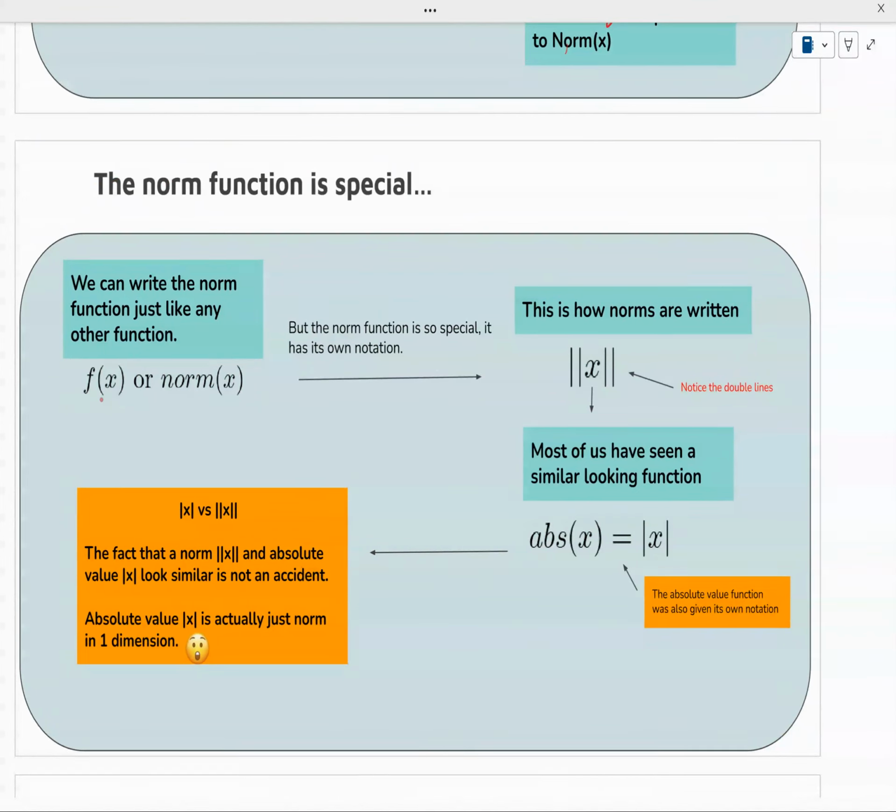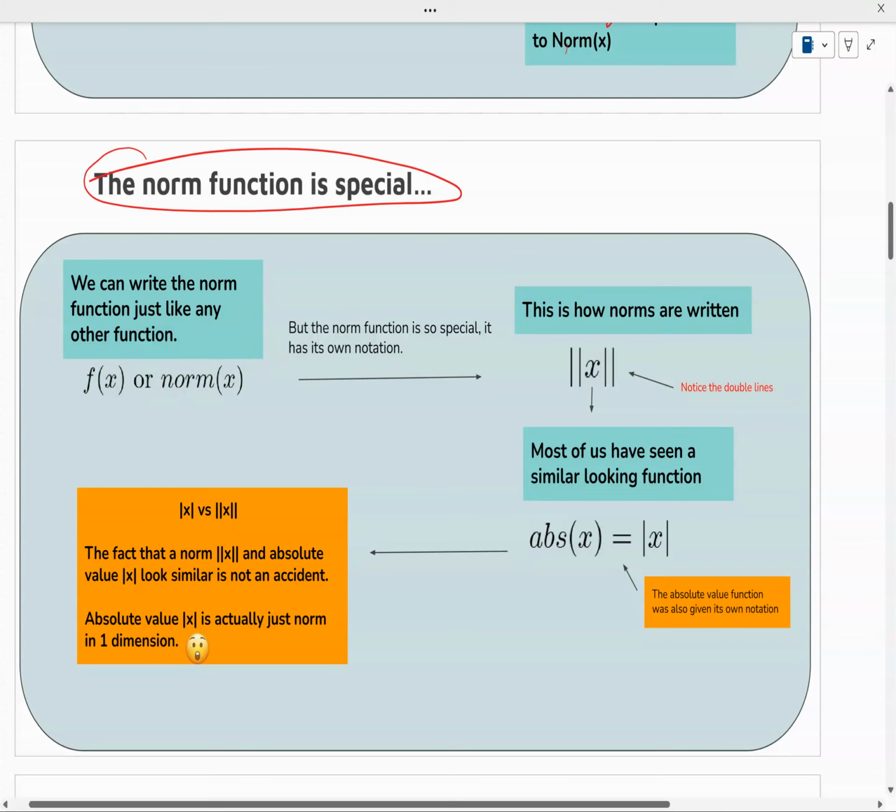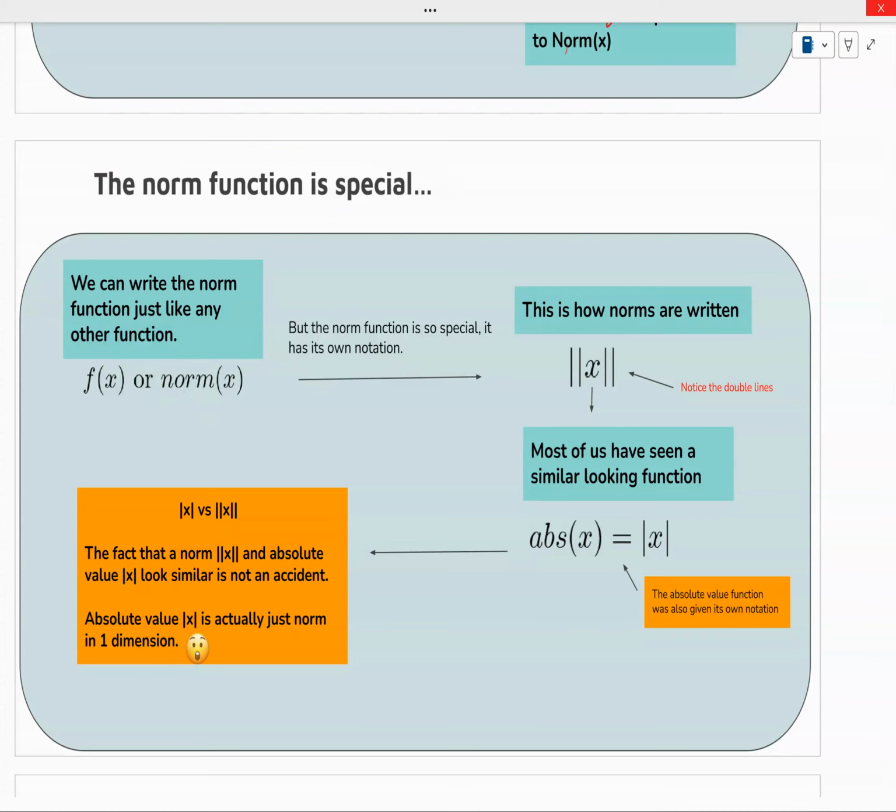Like I told you, norm is just a function. So we can say we're putting x into the norm, or we can be more specific and say we put x inside the norm function. However, the norm function is so special, it's used so much, that it has its own notation. The notation, instead of writing norm of x, is these double lines.